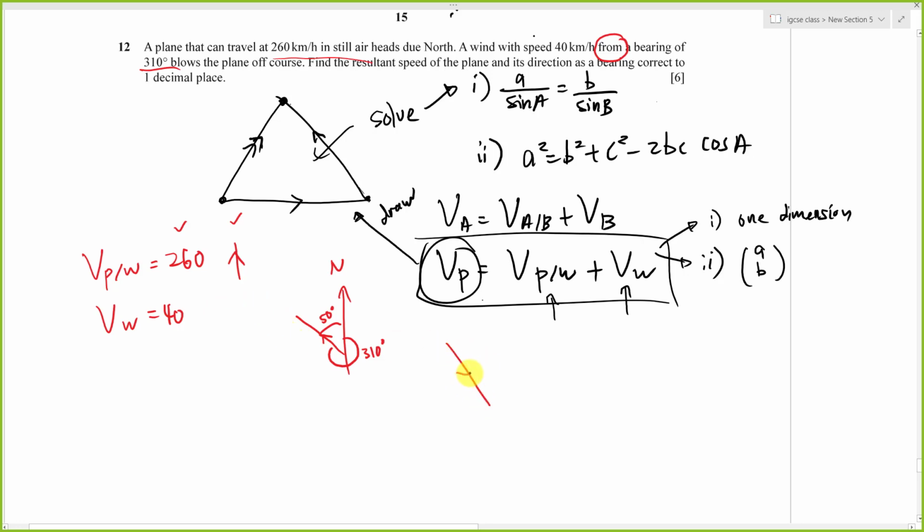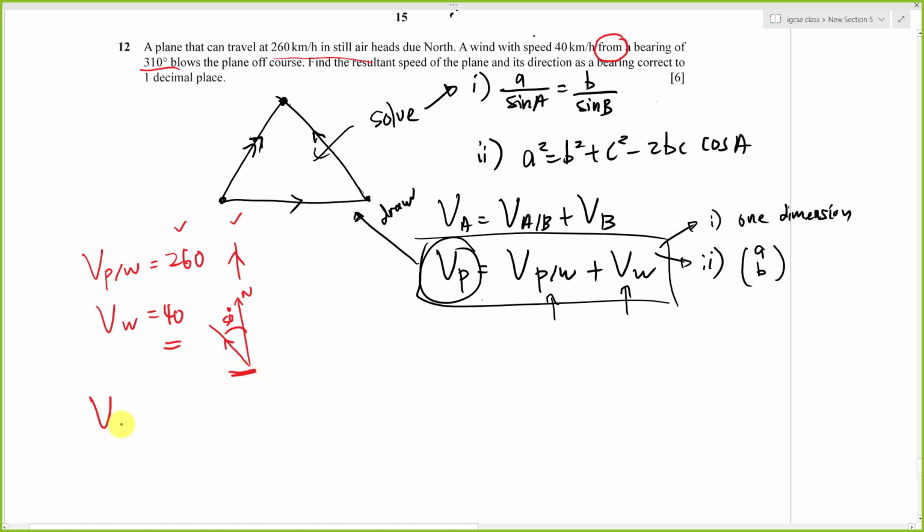If the arrow faced the other way, I would not say from 310. So if this is north, it should be like this, 50 degrees. So you can see I write out the speed and I draw out the direction.